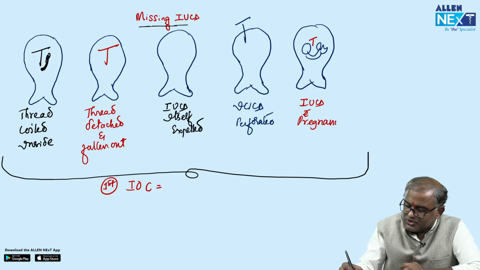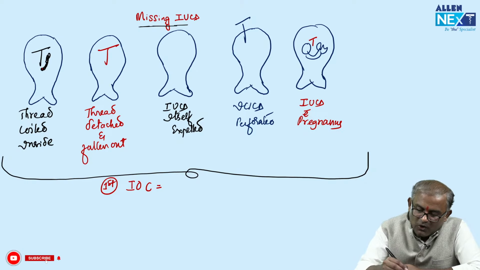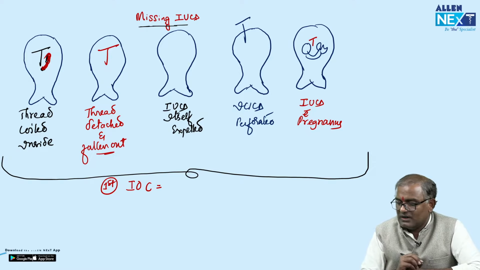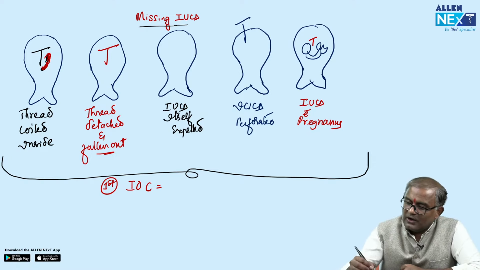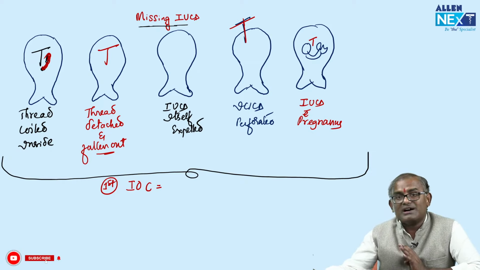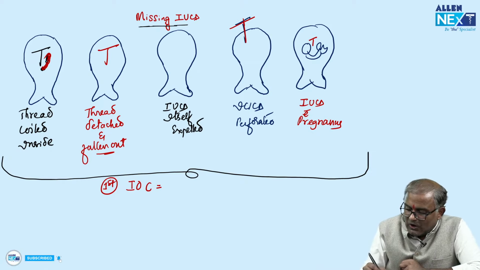So these are all the 5 options. That's why the first investigation of choice is always USG, that is TVS.